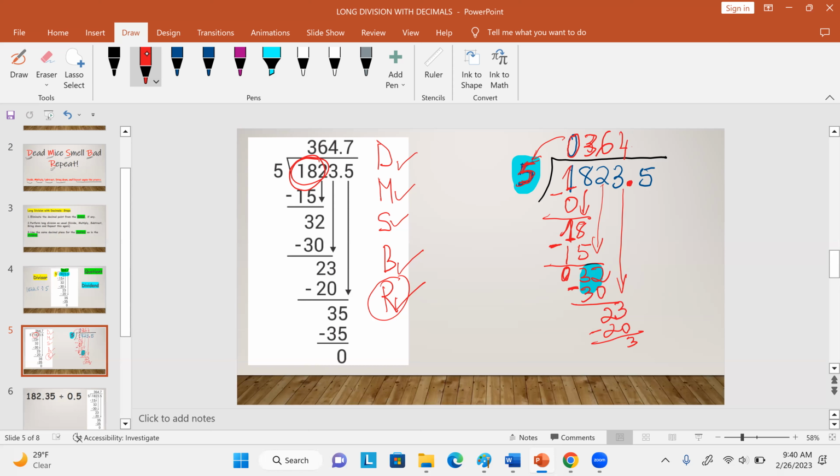That decimal we need to place after the 4, because decimals will be aligned up. So we have that decimal there, and we bring down the last digit, which is 5. We repeat the process. 5 goes into 35 how many times? 7 times. So 7 goes on top of 5, and 5 times 7 is 35.